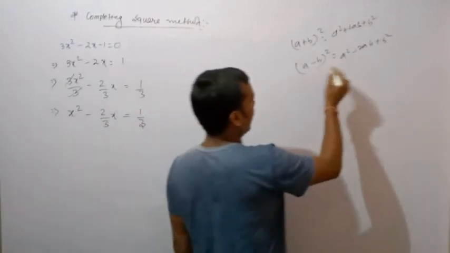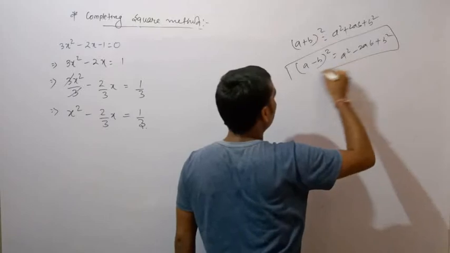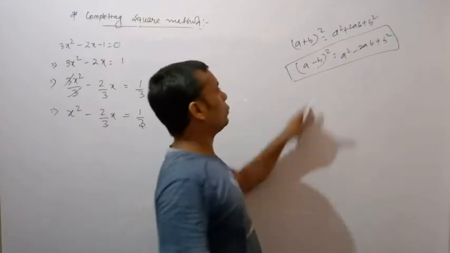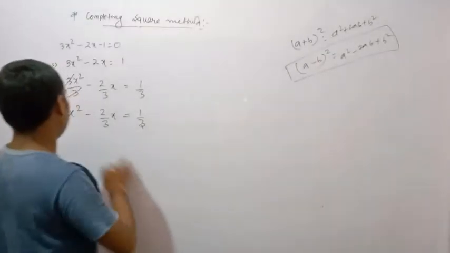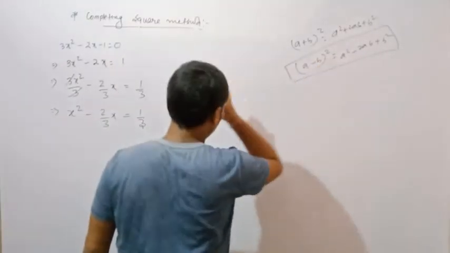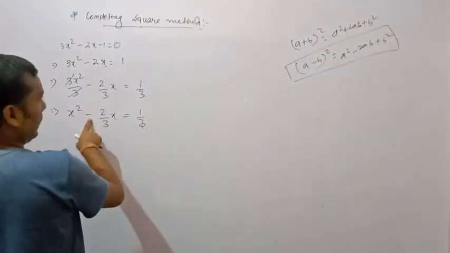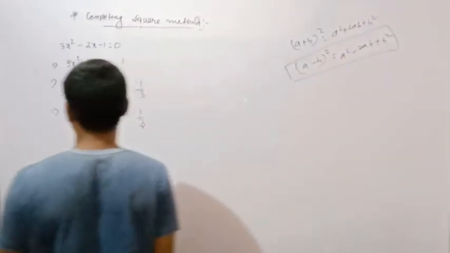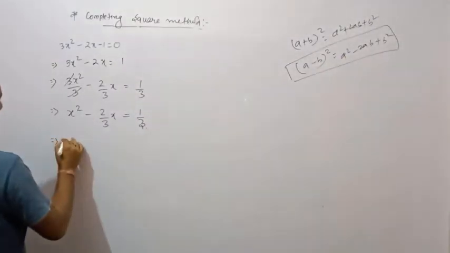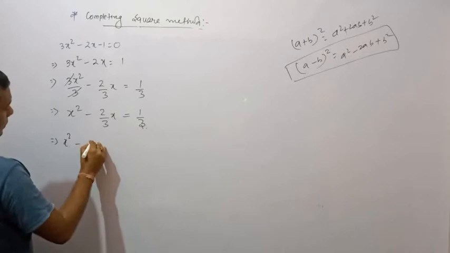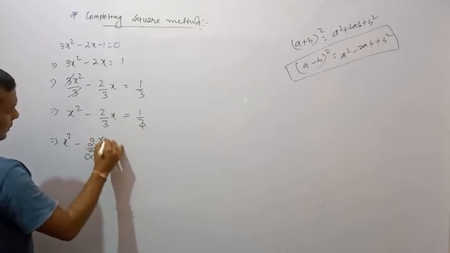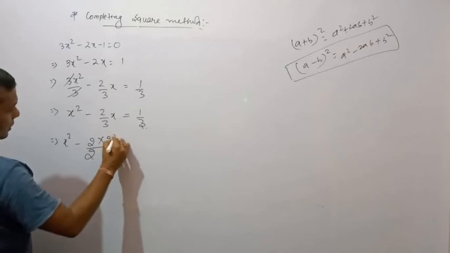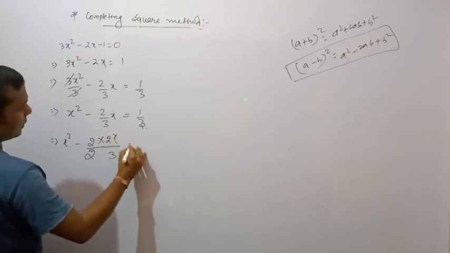That means we will bring the equation to the form of (a − b)². Here x² is a², and in the middle we have minus. So x² − 2·x·(1/3) = 1/3.